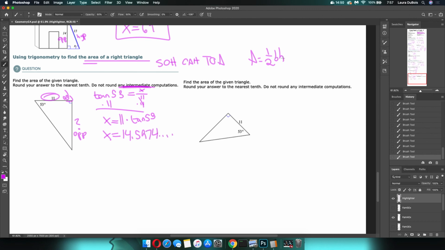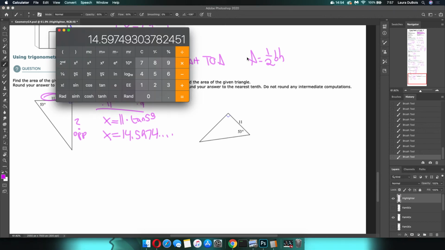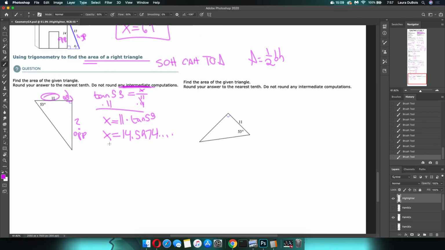Since it's base times height divided by 2, we take this number in the calculator and don't change anything. Times 11 equals, divided by 2 equals. That prevents me from rounding on the inside. So 80.28, so 80.3. X is approximately 80.3.